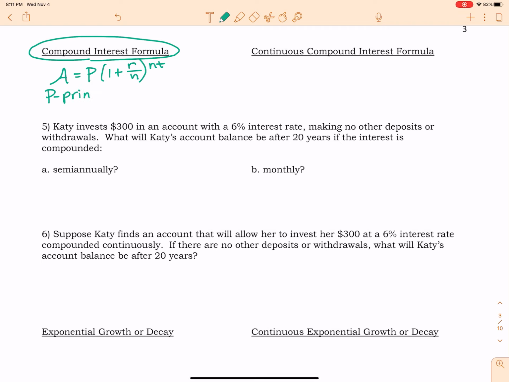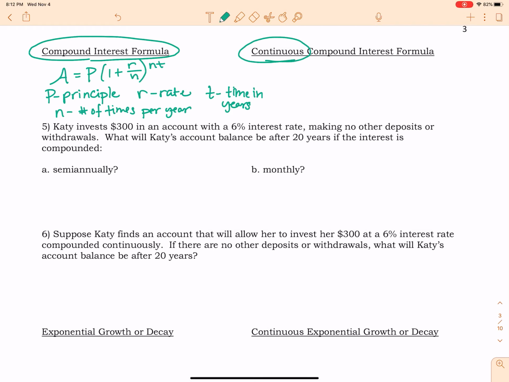That's the value you start with. R represents the rate. N represents the number of times per year that the interest gets calculated. And T is the time in years. Okay, so all of your letters are accounted for.